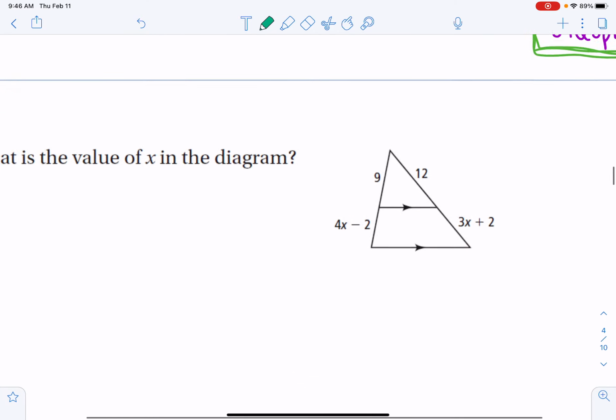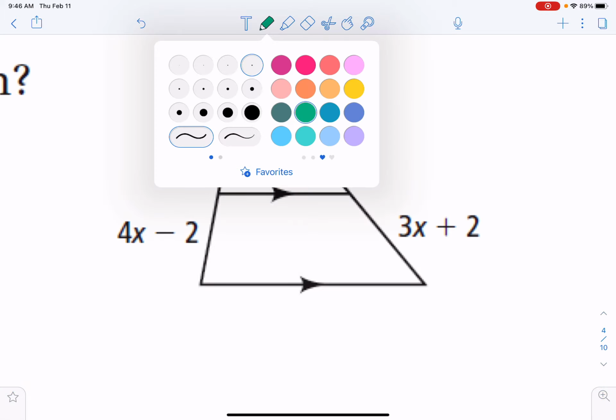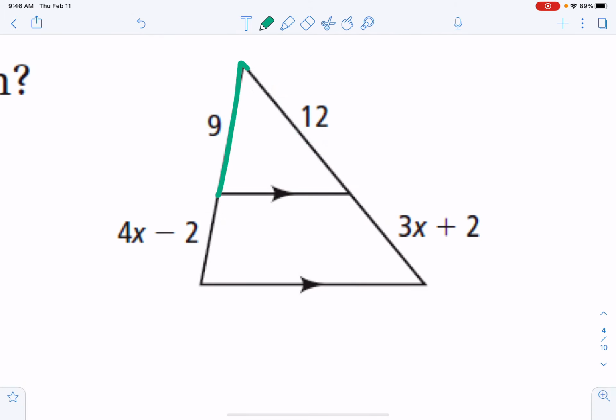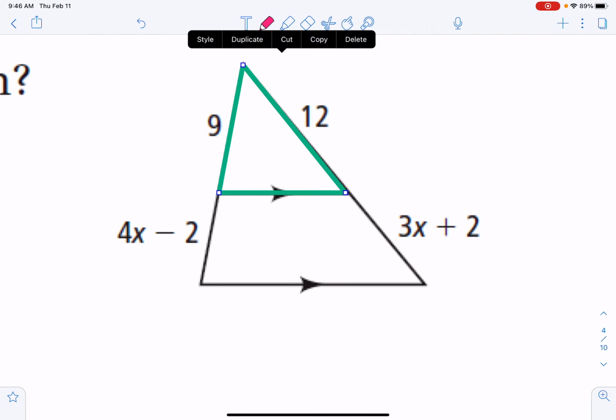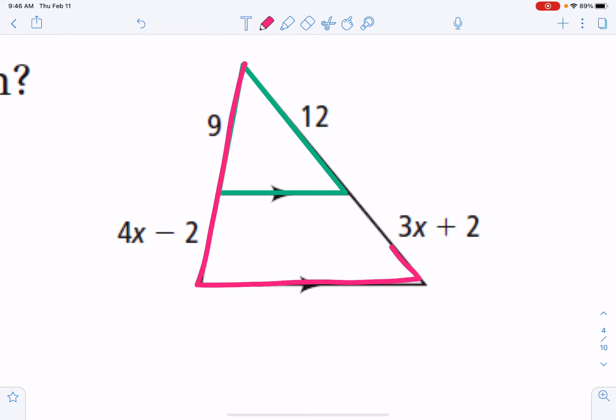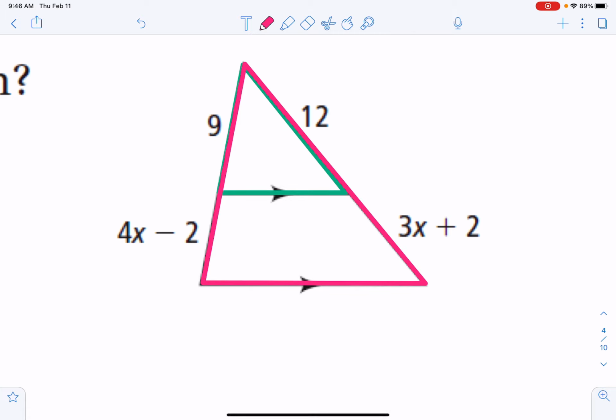So here's our example problem. We know that they're parallel, so we've got the green one, and then the bigger one, which is pink. And then they did say that they're parallel. That's these little arrows right here.